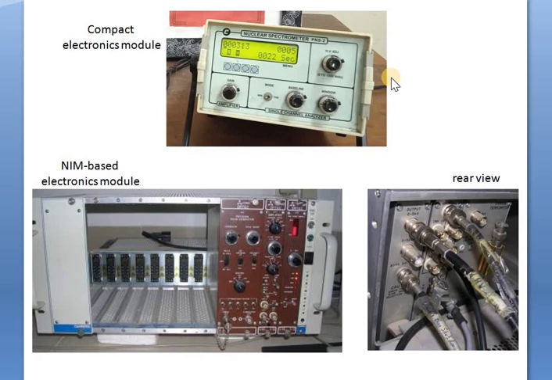However, in real life, when we have to do more complex gamma spectroscopy experiments, we have to use modules like this. This is a NIM based electronics module. It is a standard name, and you can see here various racks, and you can put various modules in this.